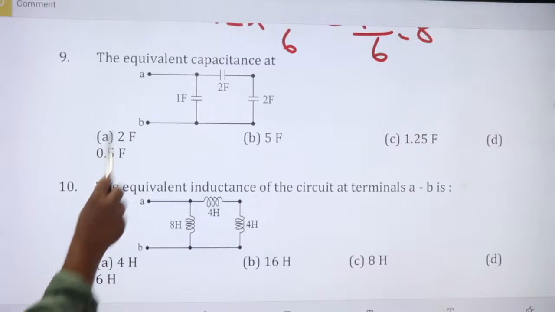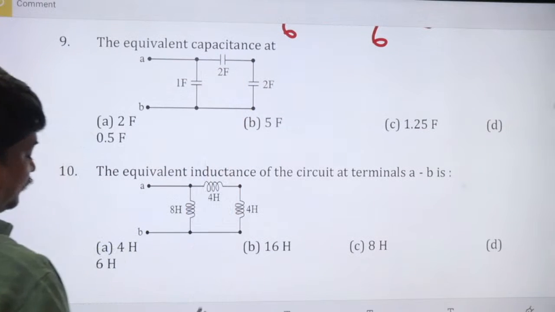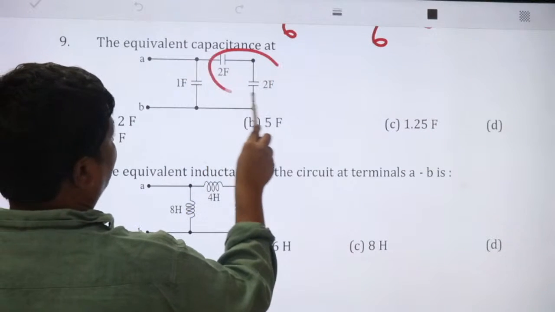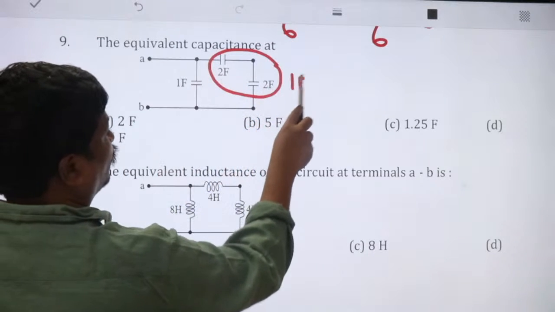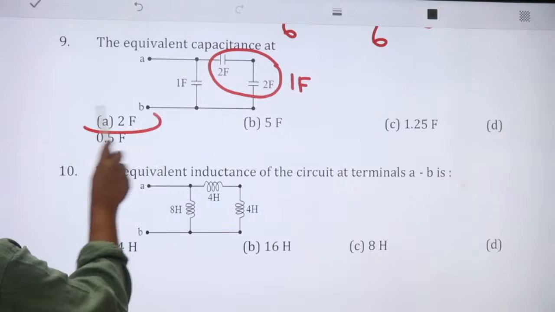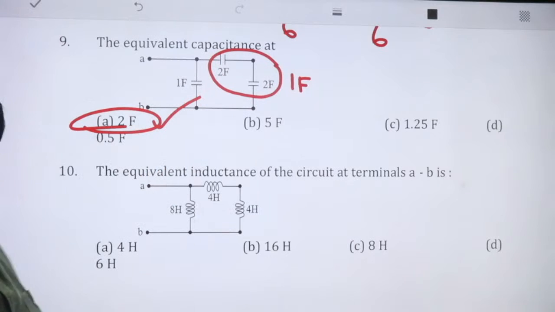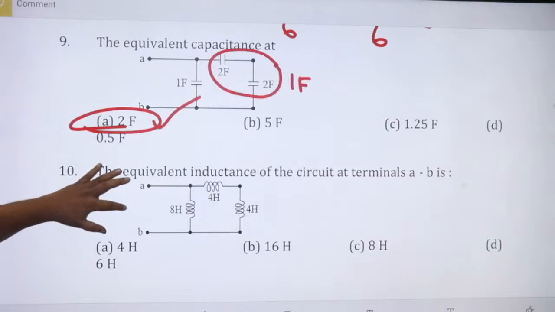These two are in series: 2 into 2 by 2 plus 2, 1 farad. 1 farad in parallel with 1 farad, 1 plus 1, 2 farads. 2 farads is the right answer. Are you okay? 2 farads is the right answer. Next.